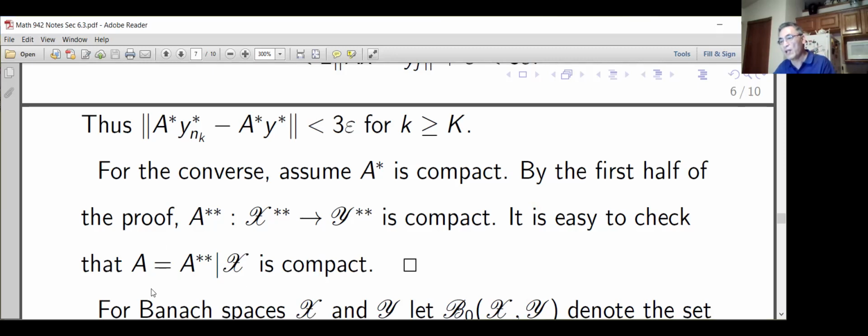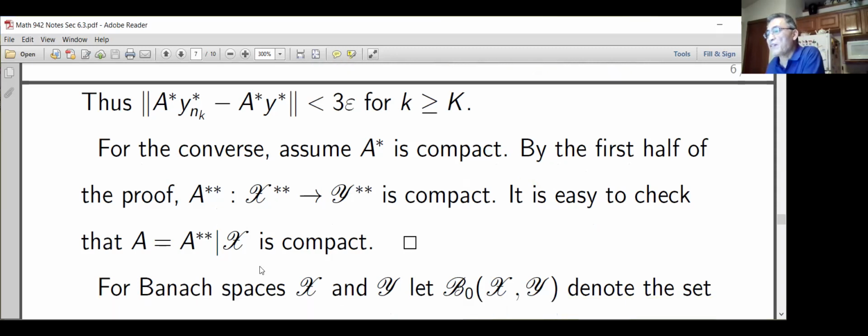So since A double star is compact, A is compact. The reasoning for this part is a kind of definition tracing. It takes some time to say it clearly, but there's nothing deep here. So we say it is easy to check. So the theorem has been proved.